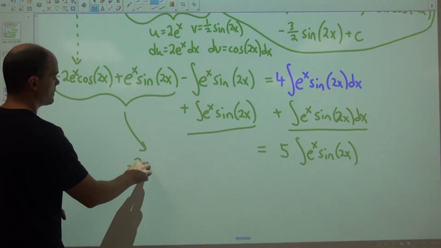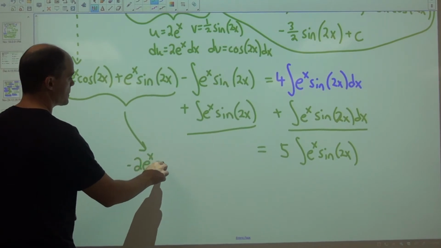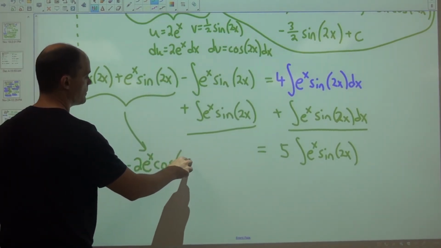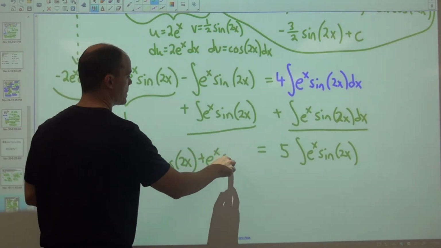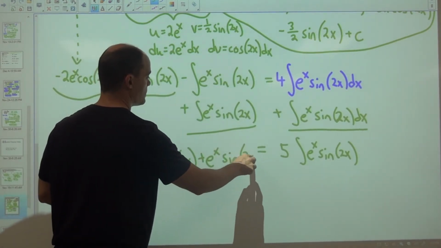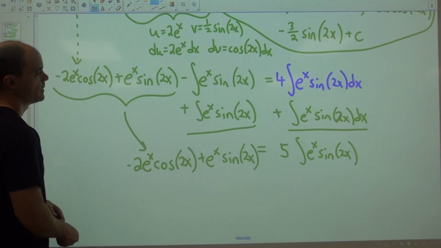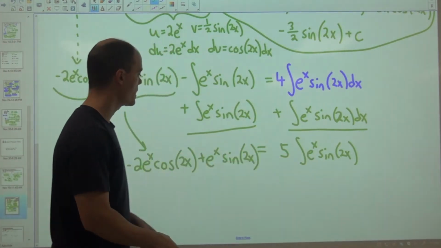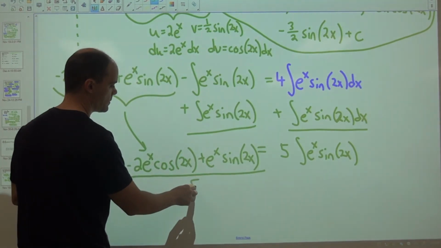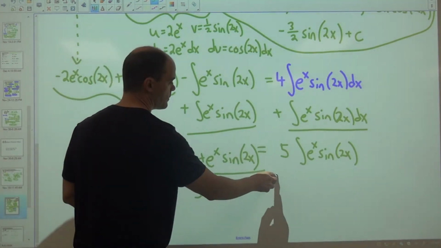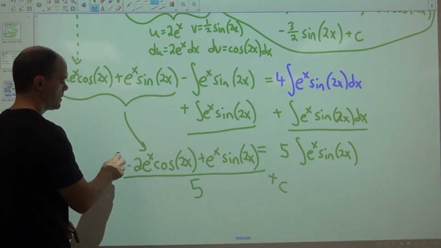So I end up with negative 2 e to the x cosine of 2x plus e to the x sine of 2x. And now I'm going to divide both sides by 5, and that will be my answer. All of this over 5. Don't forget the plus c.